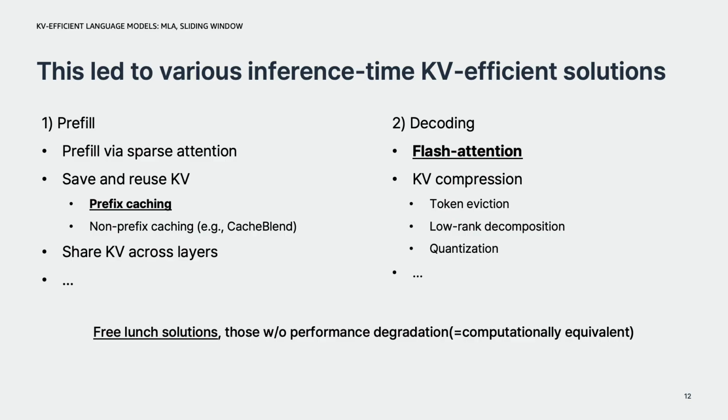By free lunch solutions, I refer to those without performance degradation. In other words, these solutions result in the exact same computation. So the free lunch solutions here are prefix caching and flash attention.